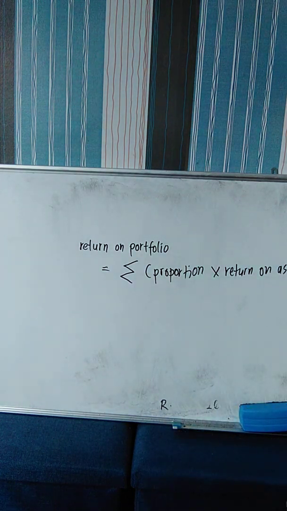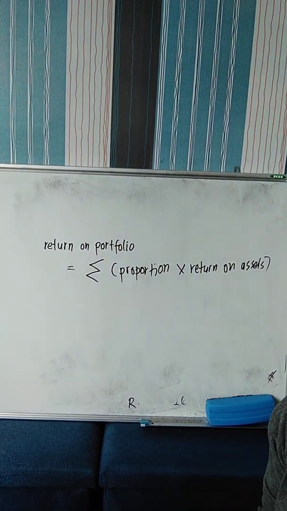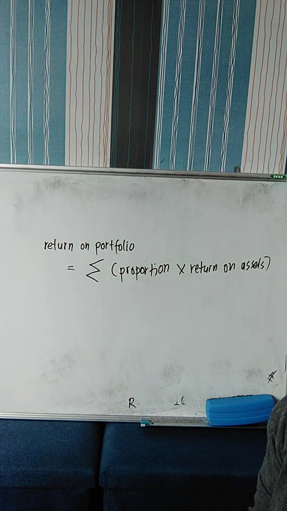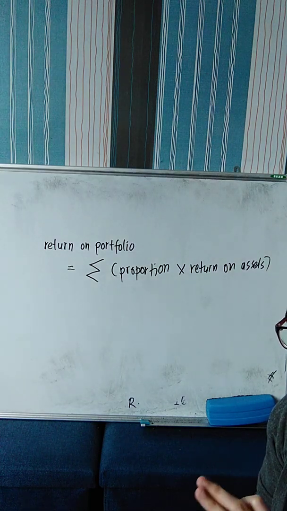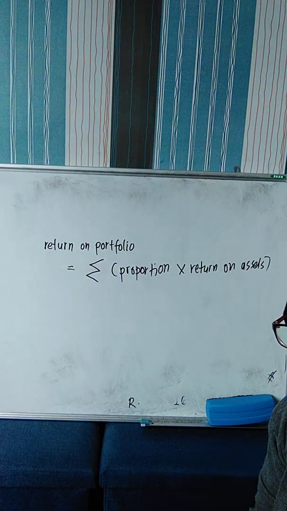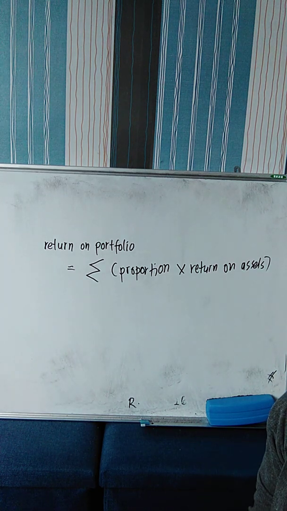So the highest value of return on portfolio means the goodness of the portfolio. You need to calculate the highest return, so you can choose the highest return as the best portfolio.